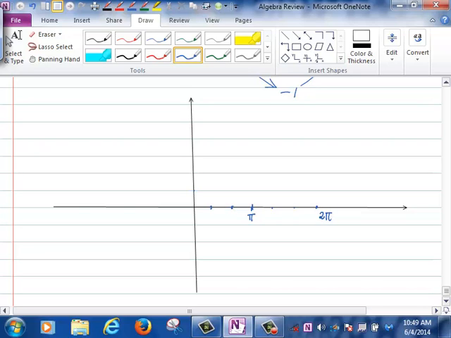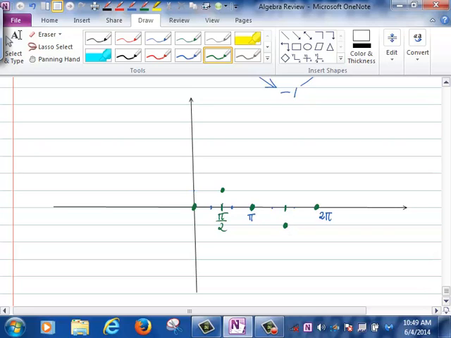We know that the value of sine at 0 is 0. The value of sine at pi is 0. The value of sine at 2 pi is 0. This is where pi over 2 is. What's the value of sine at pi over 2? 1. What's the value of sine at 3 pi over 2? Negative 1.